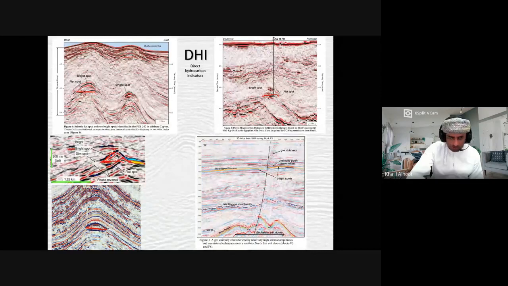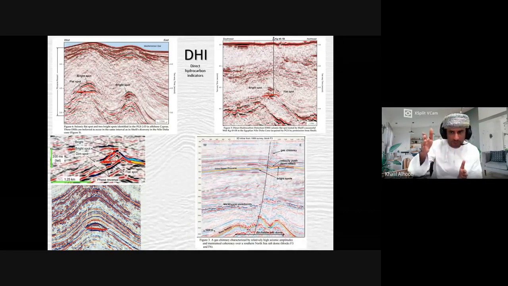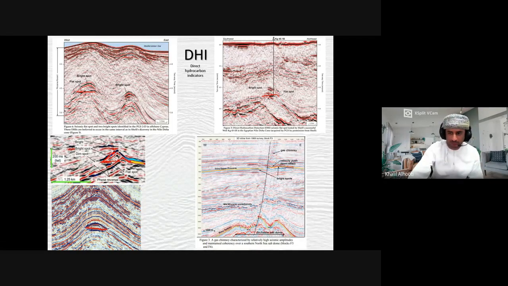It becomes water then. This phase change from gas to water is a transition from high amplitude to low amplitude. Somewhere in between, there is a dim spot. The amplitude is almost zero. This is high amplitude, this is very low amplitude, and in between is zero.